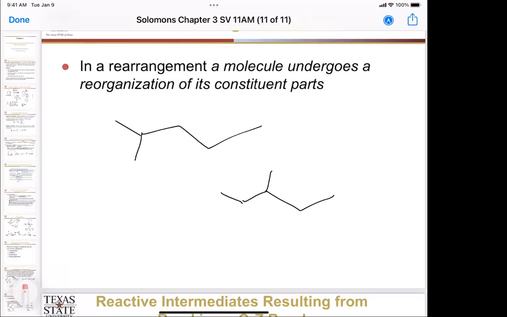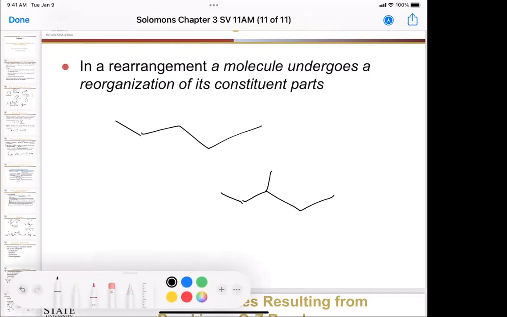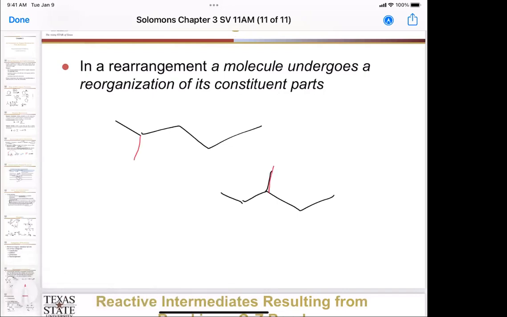It has gone from the methyl group being over here on the number 2 carbon to the methyl group being over here on the 3 carbon. And that's rearrangement. And we can draw it. Okay, so substitution, elimination, addition, and rearrangement.